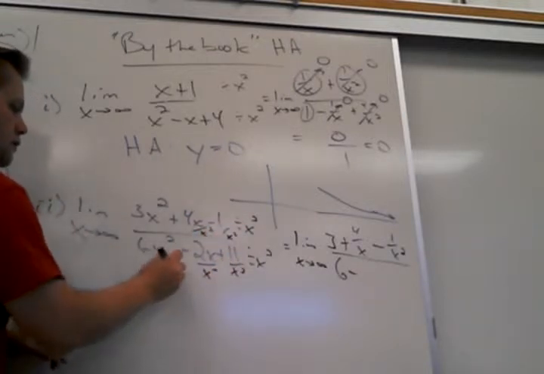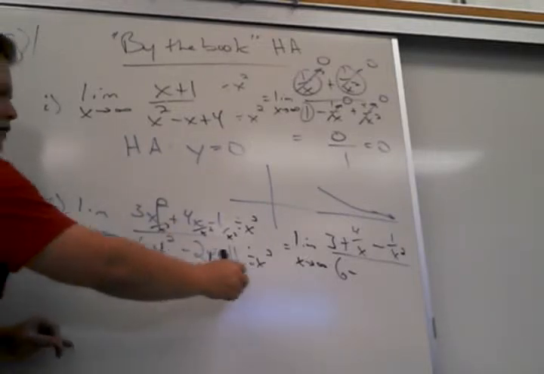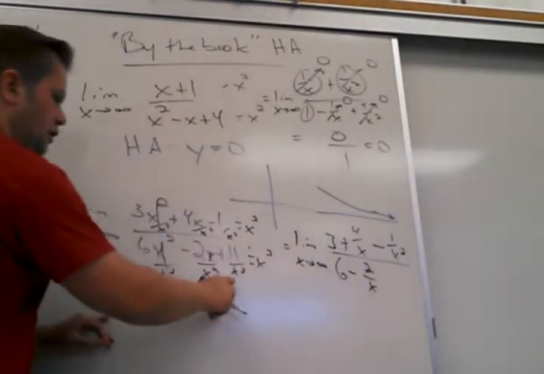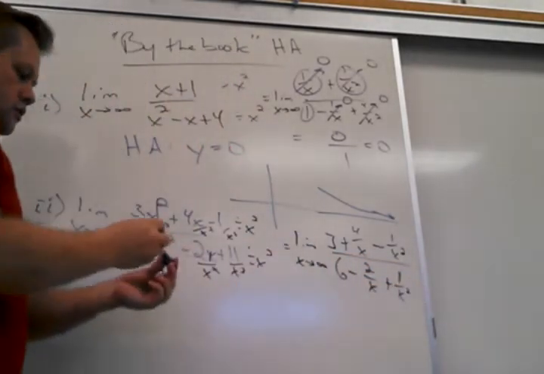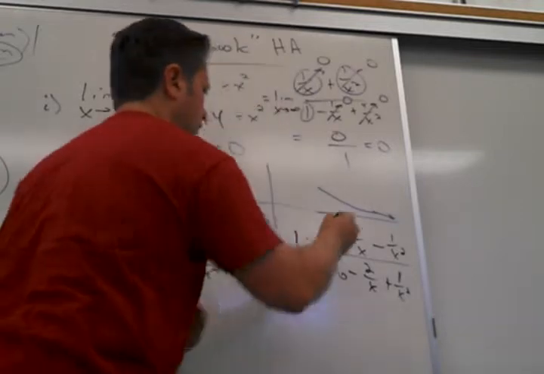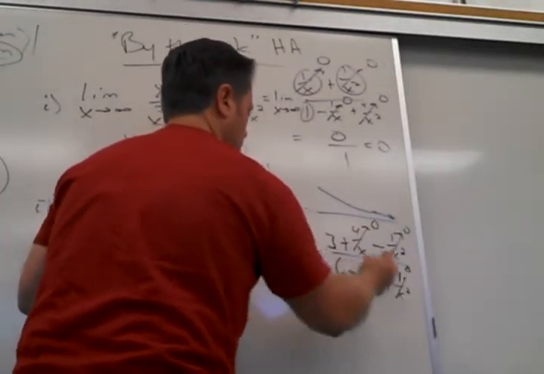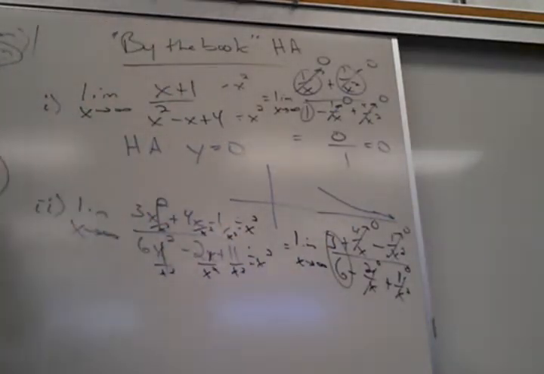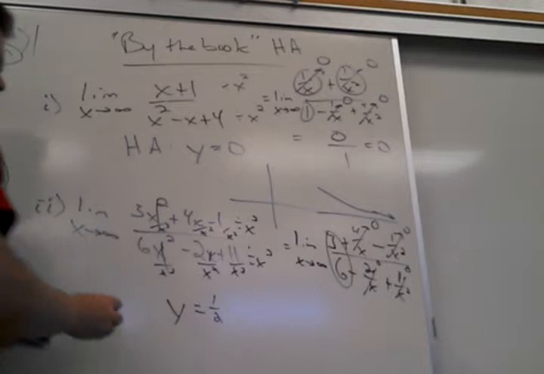So here 1 x cancels, so I get minus 2 over x. Here no x is canceled, so I get plus 11 over x squared. And then you can see very quickly that all of these go to 0. So I'm left with 1/2. So this guy's going to have an asymptote at y equal to 1/2.